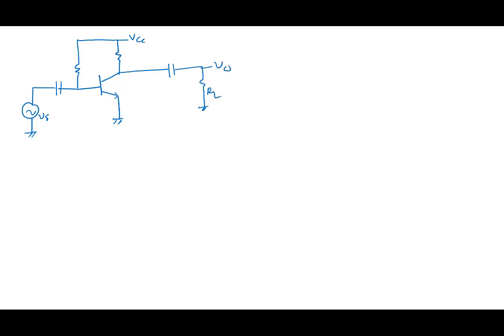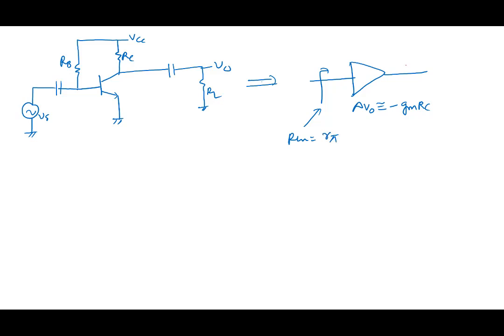What we are saying is that this amplifier, RB RC, can be thought of as a block like this, with an open circuit voltage gain AV0 approximately equal to minus gm RC, with a Rin equal to basically r pi, with a R0 equal to RC here.